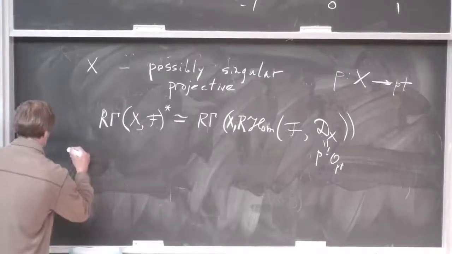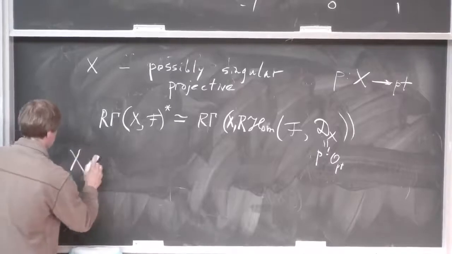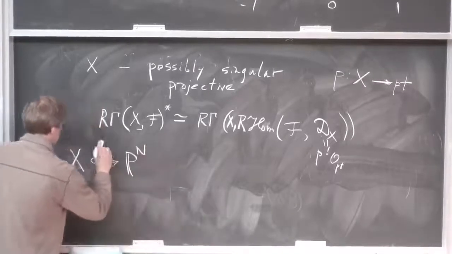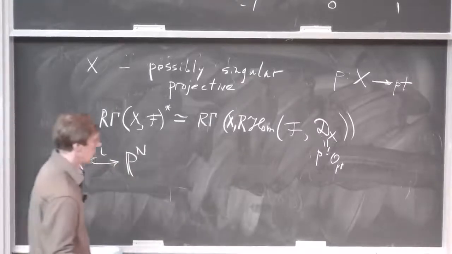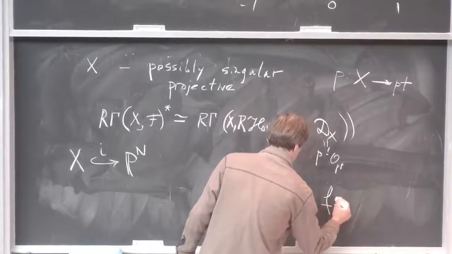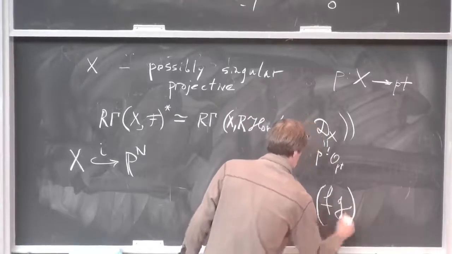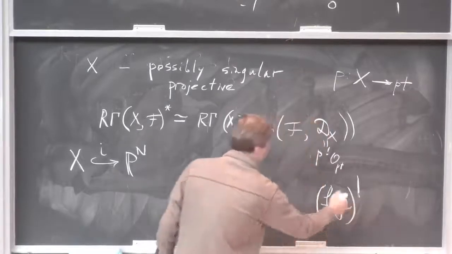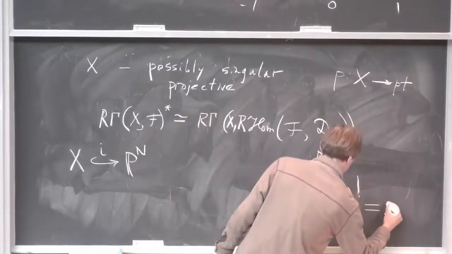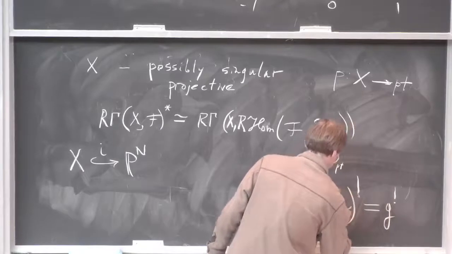These have to do with the fact that you can embed X into projective space. You can use the following observation: just for very general reasons, because f shriek is defined as an adjoint functor, we have this formula for compositions.